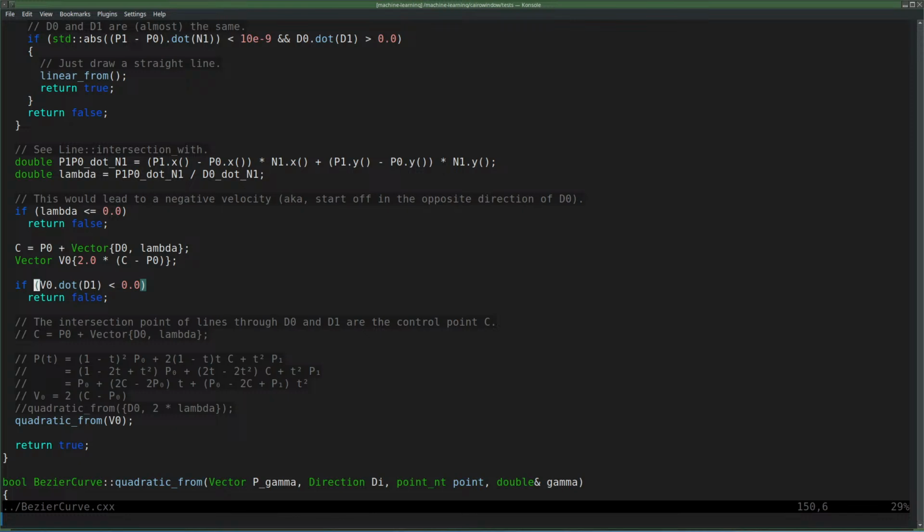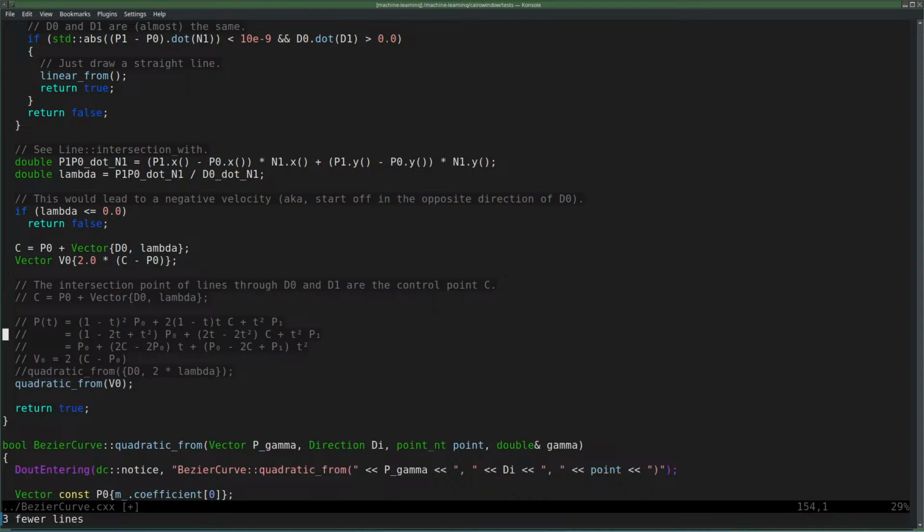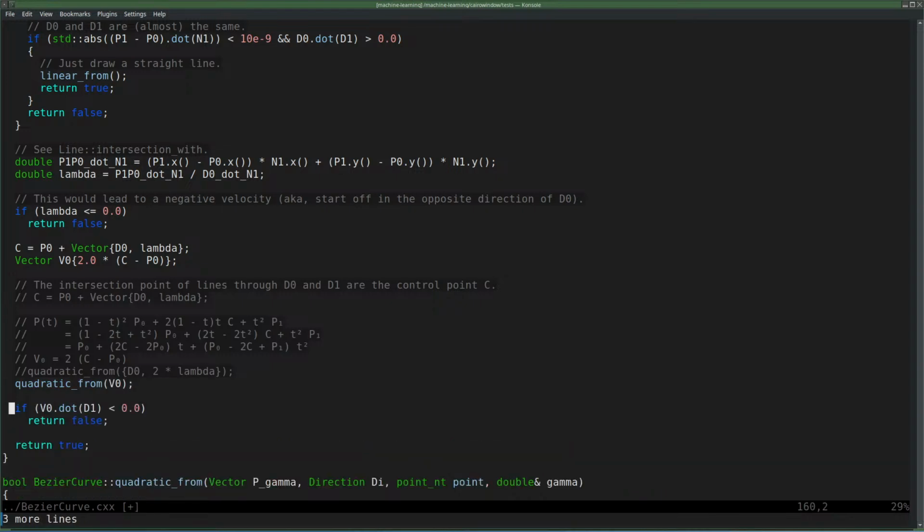Just use V1. I want to calculate a dot product with V1. So yeah, that's easiest after that, and then I can just call V1 here.